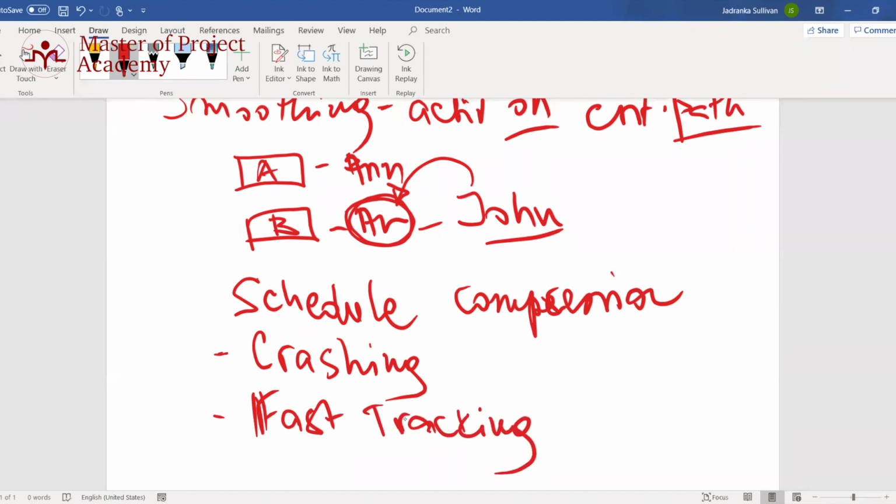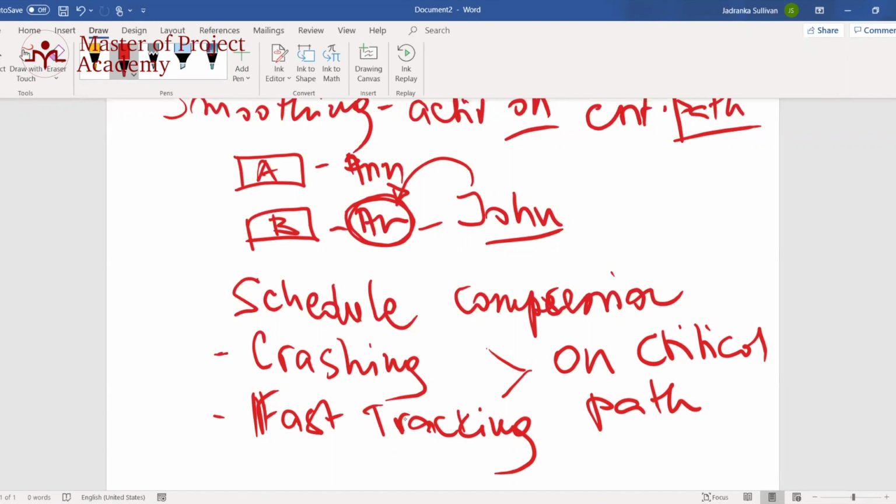What you need to remember is that we do this schedule compression only on the activities that are on the critical path, for both. So we don't do crashing or fast tracking on the activities that are not on the critical path, because there is no need. There is no need for us to put our project at risk.